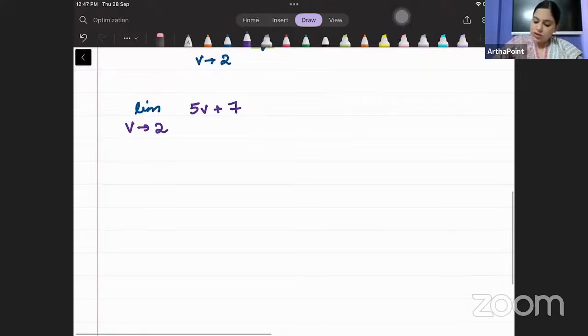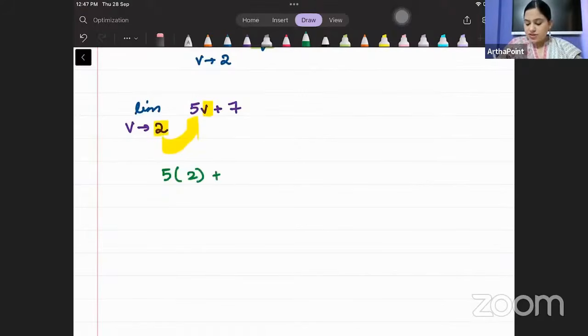Then beta, what will you do? Instead of V you will just put 2. So what will it become? 5 times 2 plus 7. So beta, this will be 17, and that will be the answer to this question. What will the answer be? 17. Right beta?